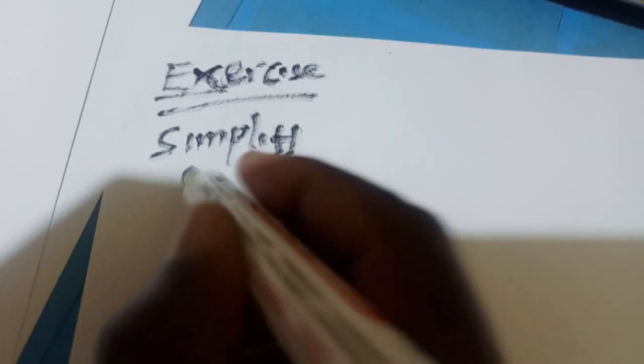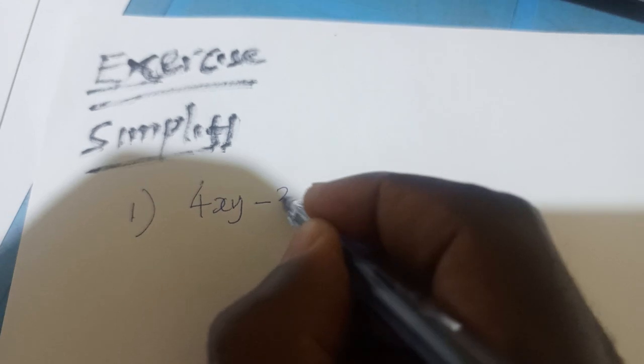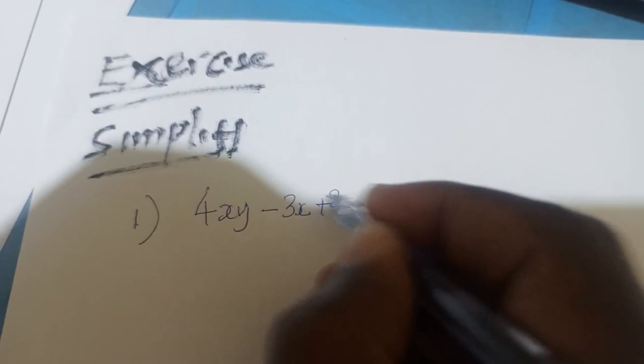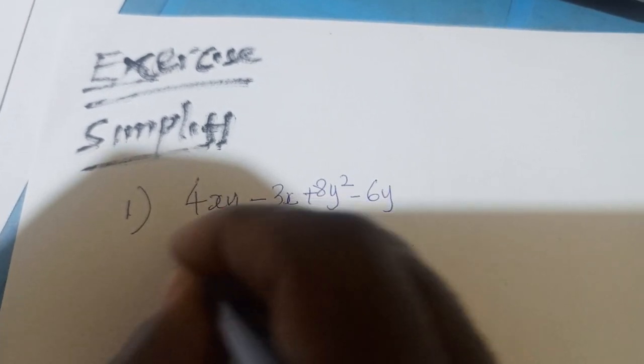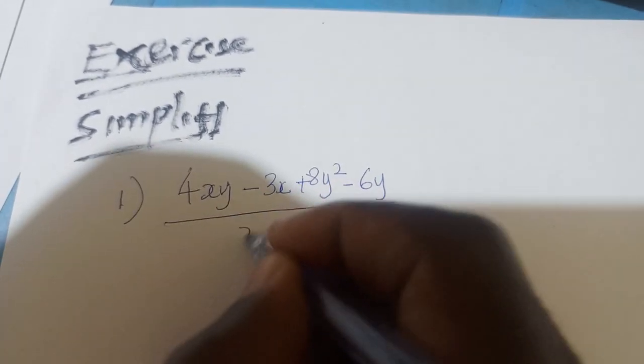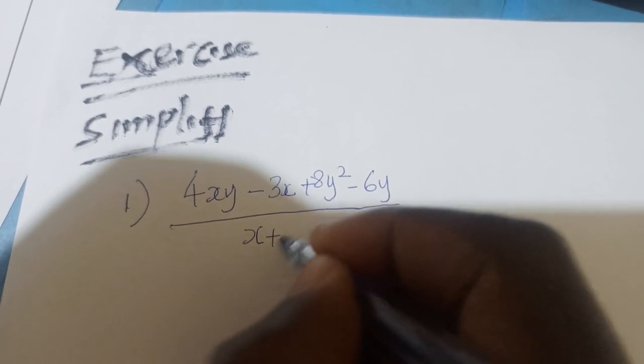So exercise, you can do this. Simplify. You'll allow me to use my other ball pen. Can you do this? 1, I'll give you 2, 3, sorry. 4xy minus 3x plus 8y squared minus 6y all over x plus 2y.